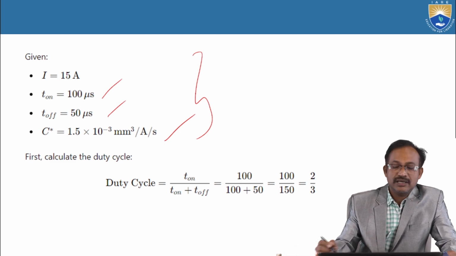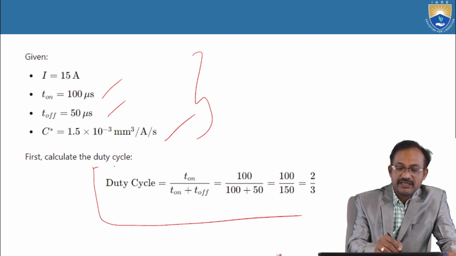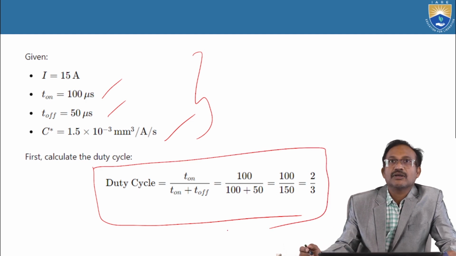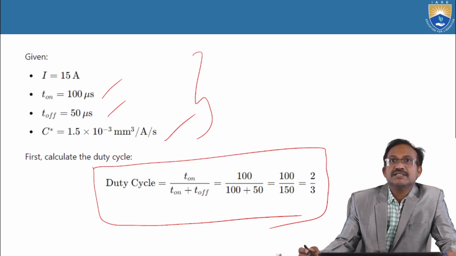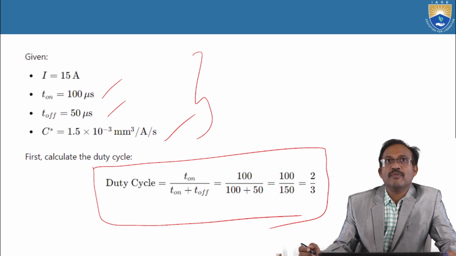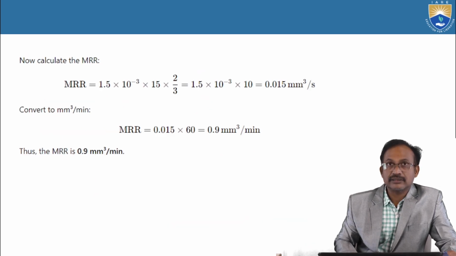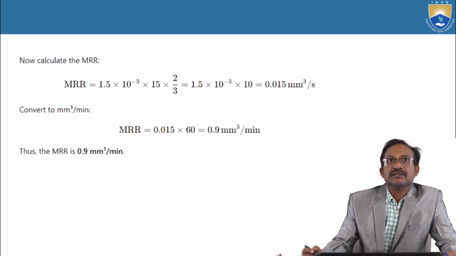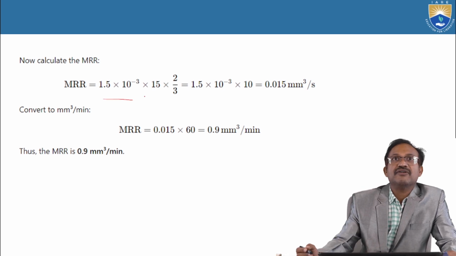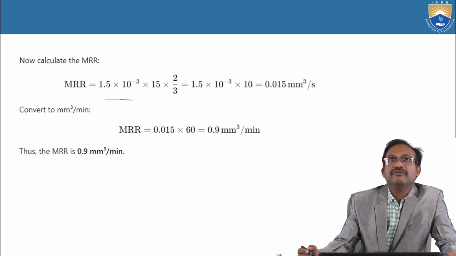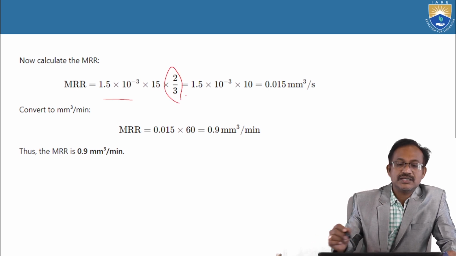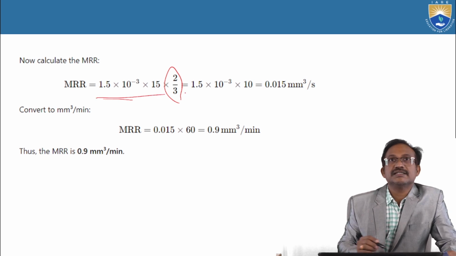First let us find the duty cycle, T_on / (T_on + T_off). After substitution we get 2/3. Now let us calculate the material removal rate: 1.5 × 10^-3 × 15 × 2/3. So this 2/3 is the duty cycle and this is C*.